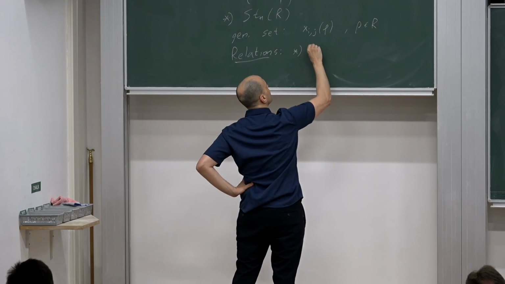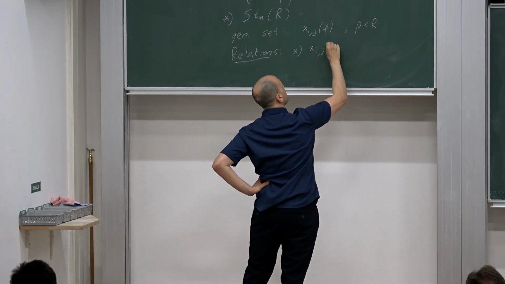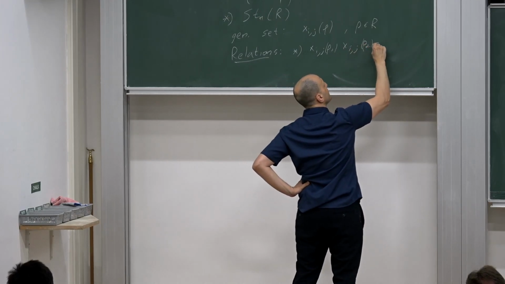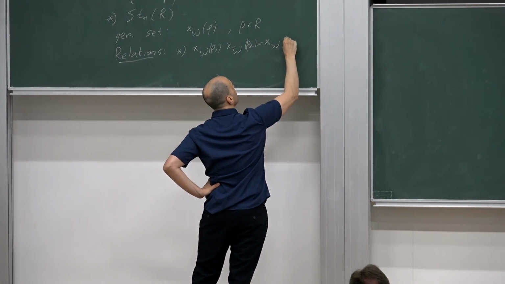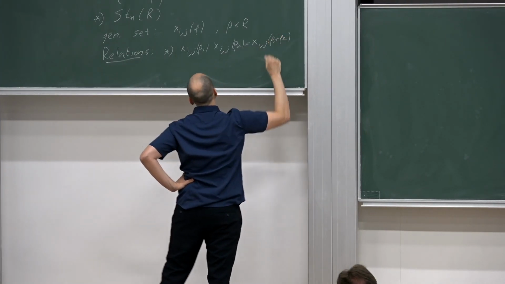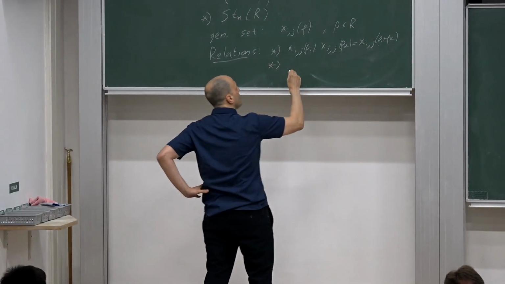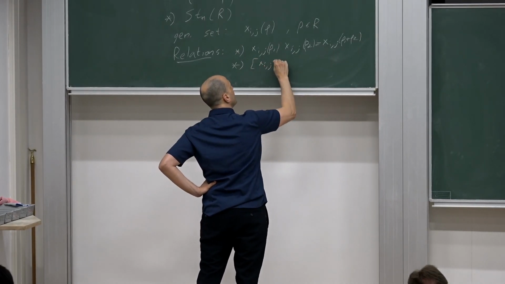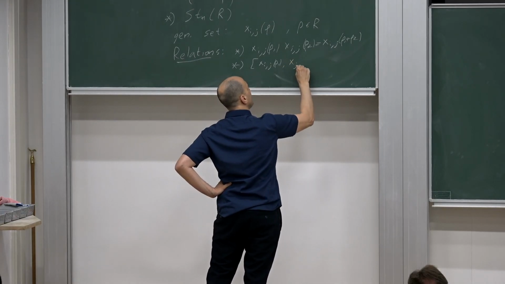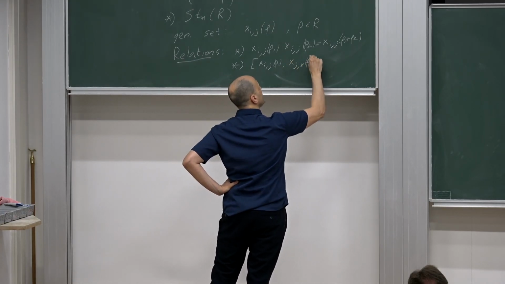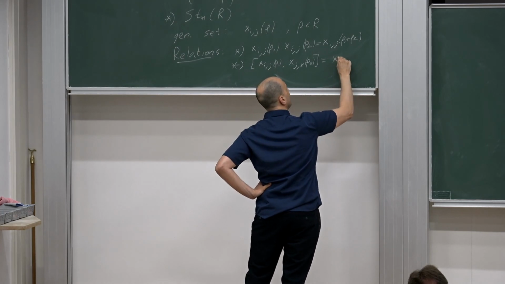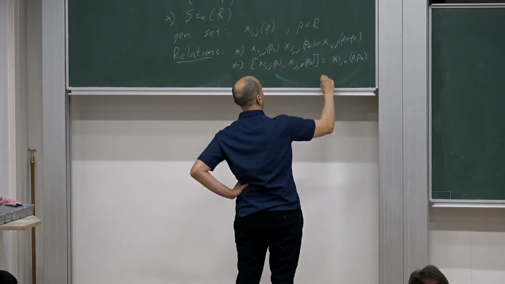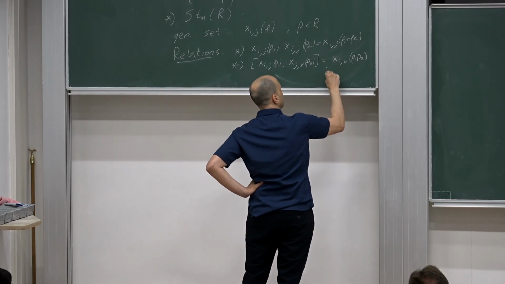First of all, x_ij(p1) multiplied by x_ij(p2) is x_ij(p1 + p2). Second, the commutator of x_ij(p1) with x_jk(p2) is just x_ik(p1 p2), p1 times p2, and I assume here that i is not k.